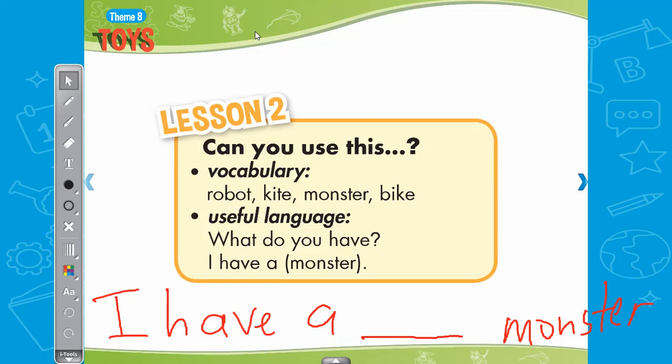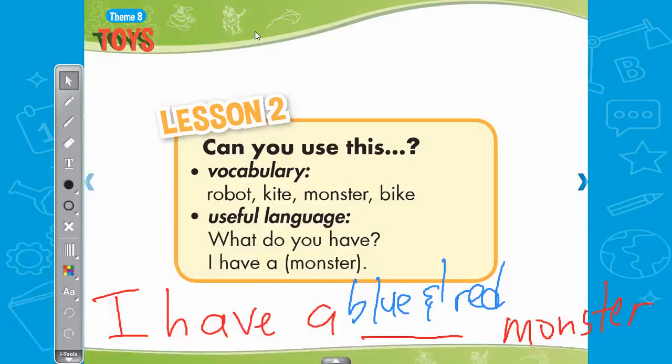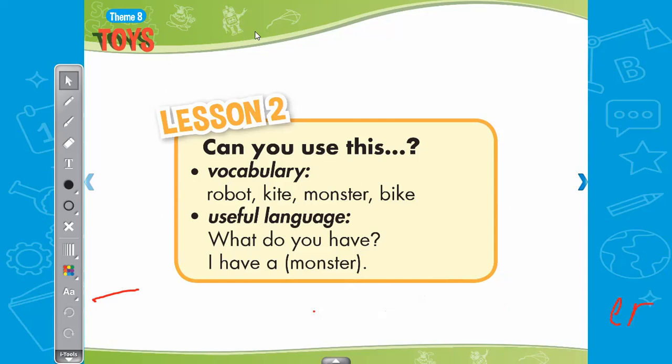We shall use colors. For example, we can say, I have a blue and red monster. So this is what we're going to be concentrating on. We are going to be concentrating on describing our toys.